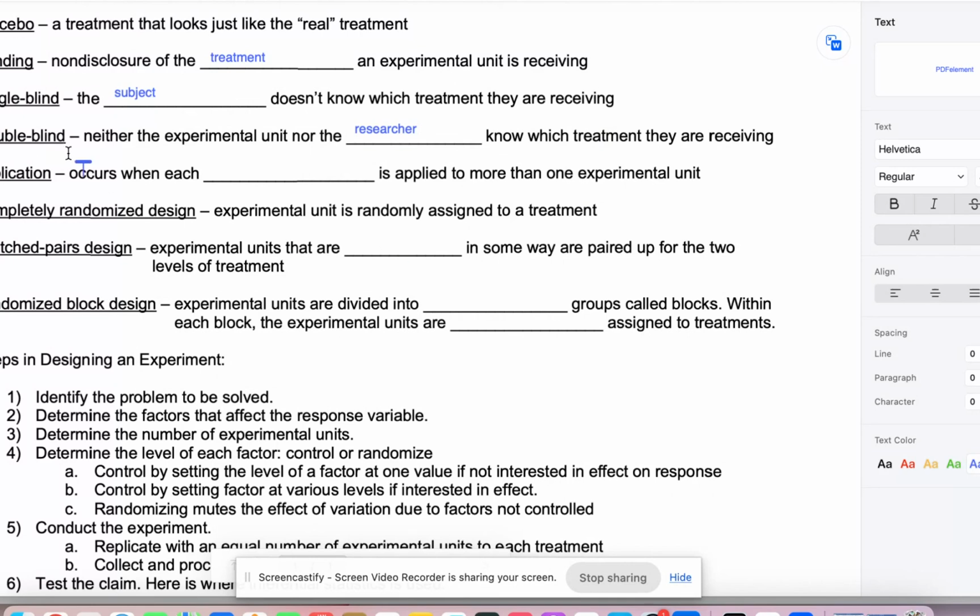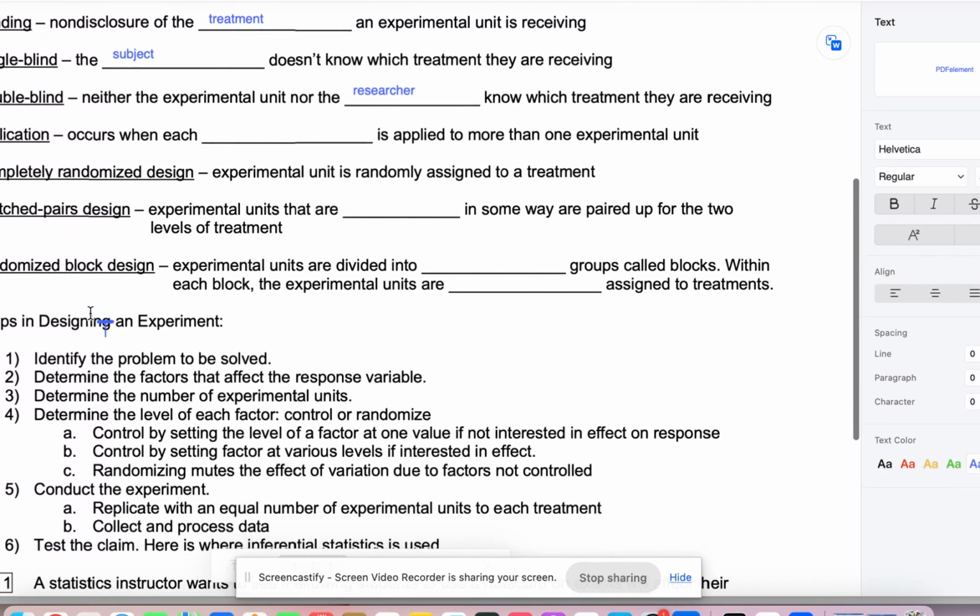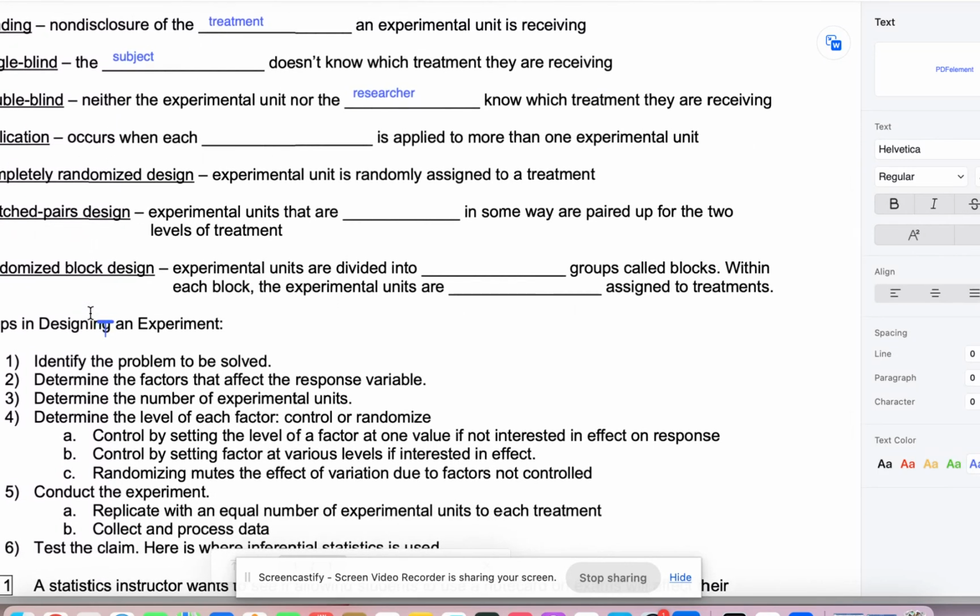So if we have a double blind experiment, then that means there has to be some third party who's basically the keeper of the assignments. So that person knows that this subject is assigned a placebo, this subject is assigned a medication, but the subjects and the researcher conducting the experiment do not know which subject is in which group.